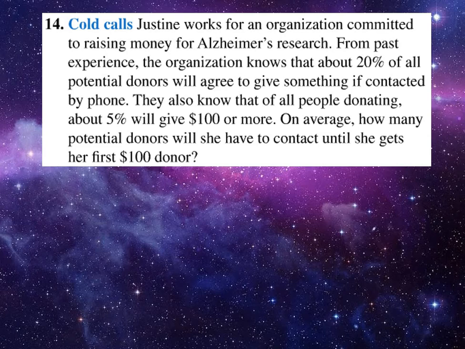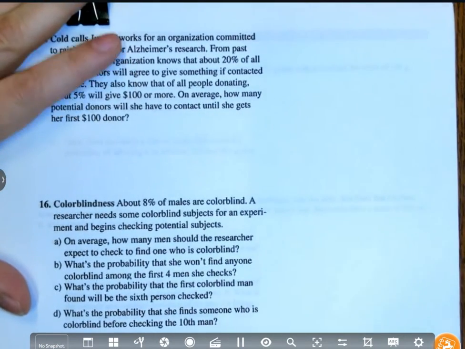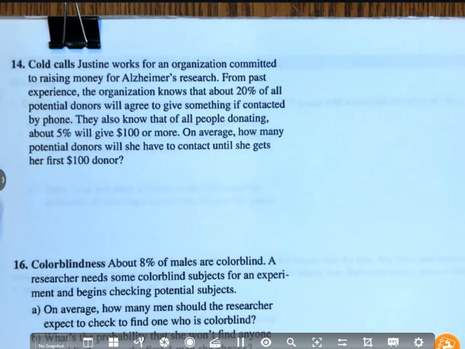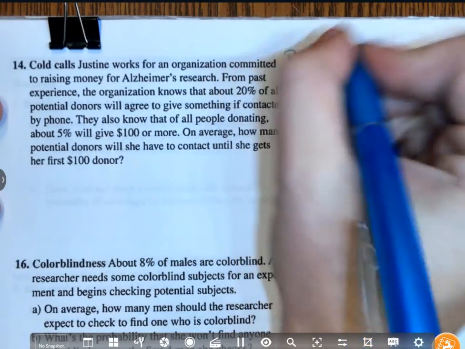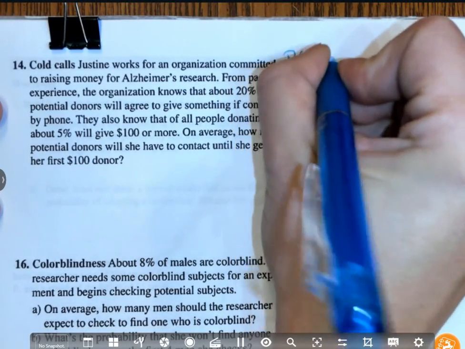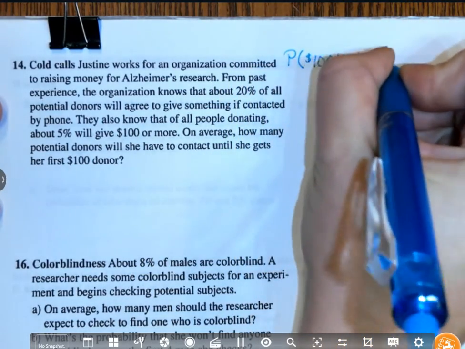Very good with that, by the way. What he's talking about here is the first thing I want to do is I want to find the probability of a $100 or more donation.